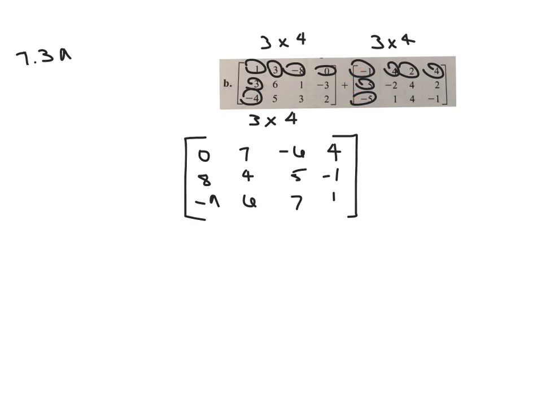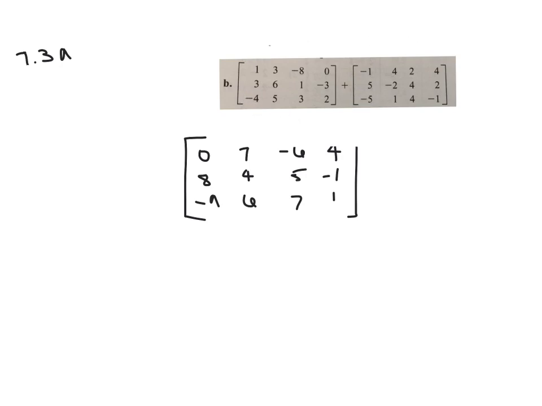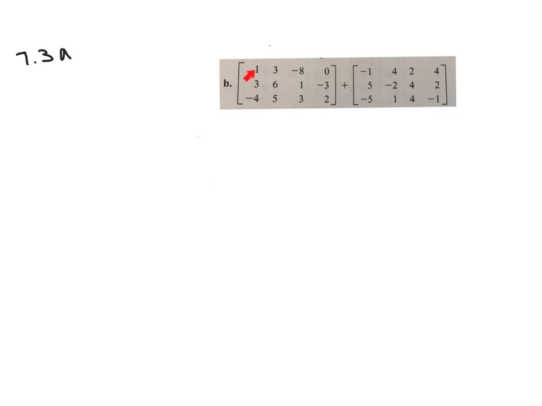Okay, one of the key things, and let me erase all this stuff up here. One of the key things that you're going to have to work on with me and understand with me, which is real simple, is understanding the place of each of these, they're called elements, each of the elements in the matrix.